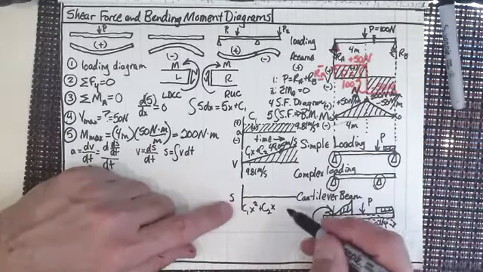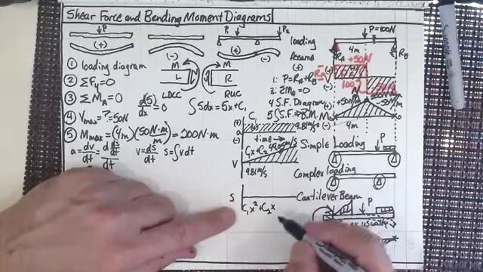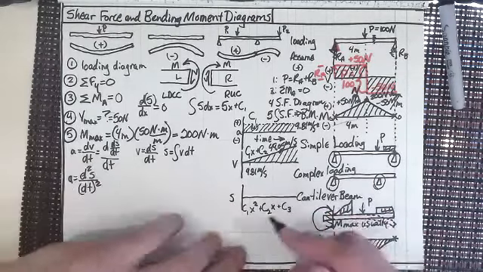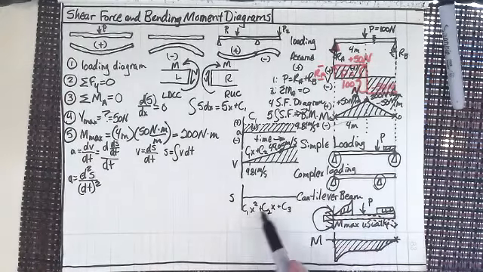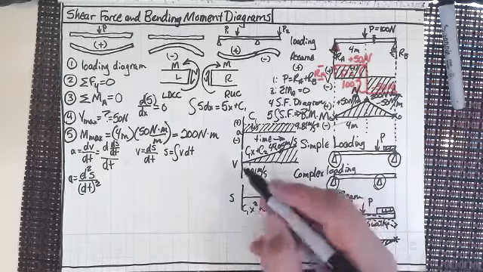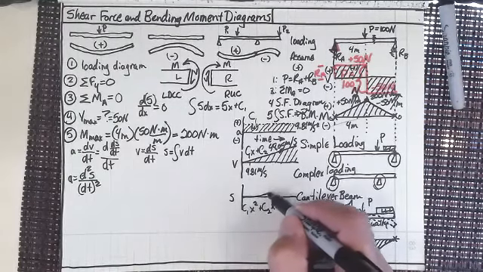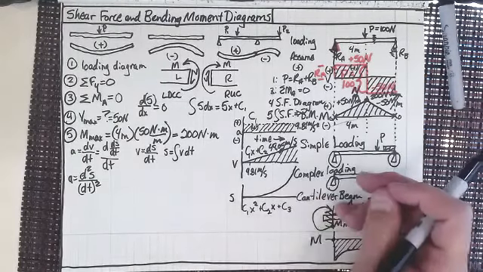Plus c3. Now let's say that we've used boundary conditions and we found that c2 is 0 and c3 is 0. So what it's going to look like is something like this. It's just a parabola, right? A parabolic spandrel.